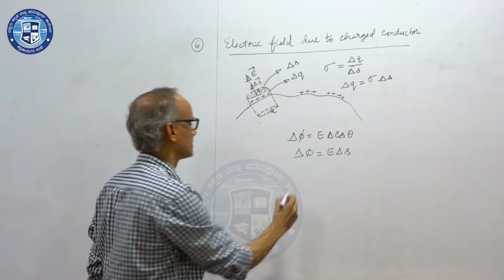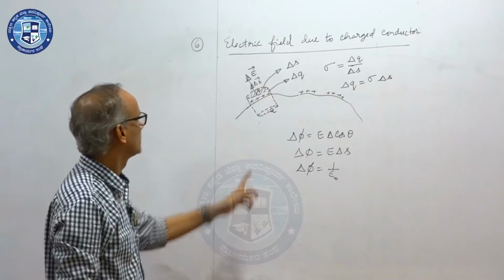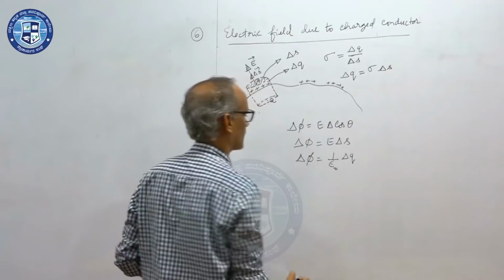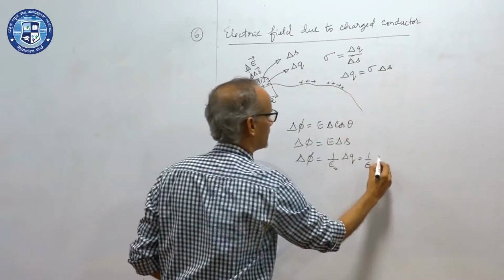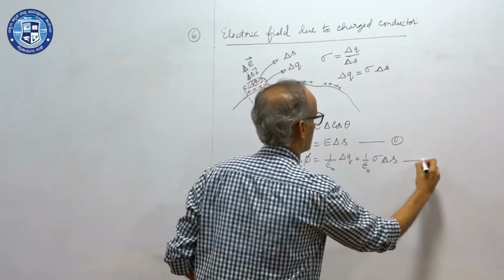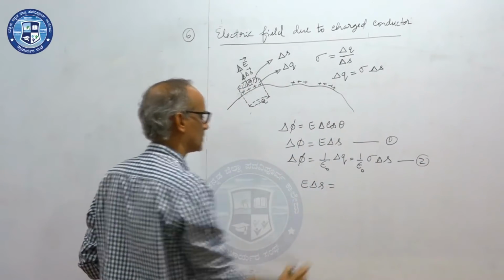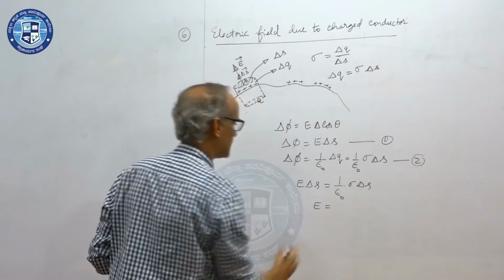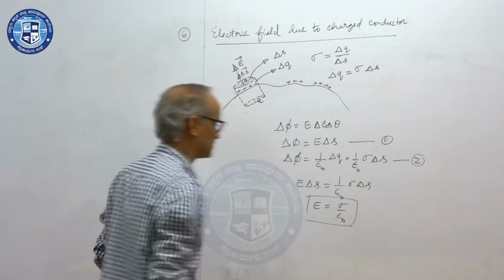Now, using Gauss theorem, the flux is given by 1 by epsilon naught times the charge enclosed within the Gaussian surface, which is delta Q. That is 1 by epsilon naught into the charge enclosed, which is sigma into delta S. So, using this equation, we can equate E delta S is equal to 1 by epsilon naught into sigma into delta S. Therefore, the electric field is given by sigma by epsilon naught.